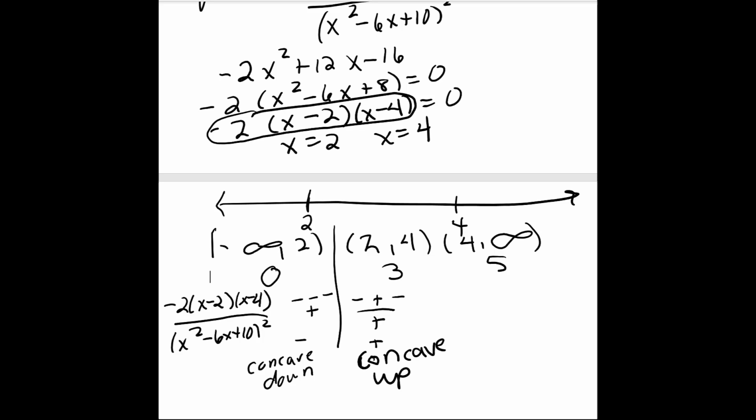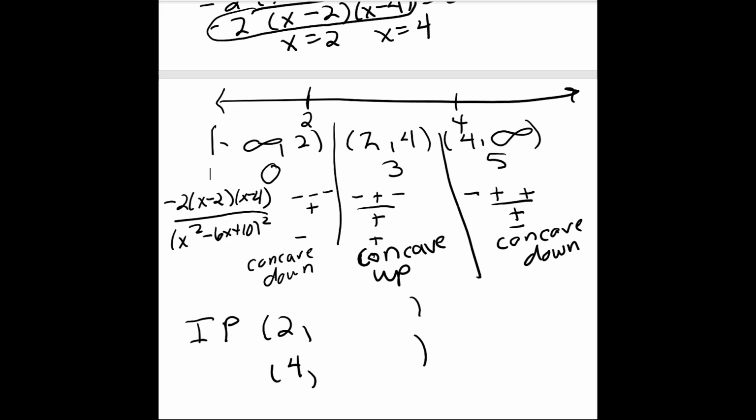The last interval, I have negative 2, 5 minus 2 is positive, 5 minus 4 is positive, the denominator is positive. 1 negative makes the whole thing negative, which is concave down. Now, because concavity changed, both at 2 and at 4, we know we have 2 inflection points. Just like last time, when we want an actual point, we're going to have to plug the numbers back into the original to find the points.